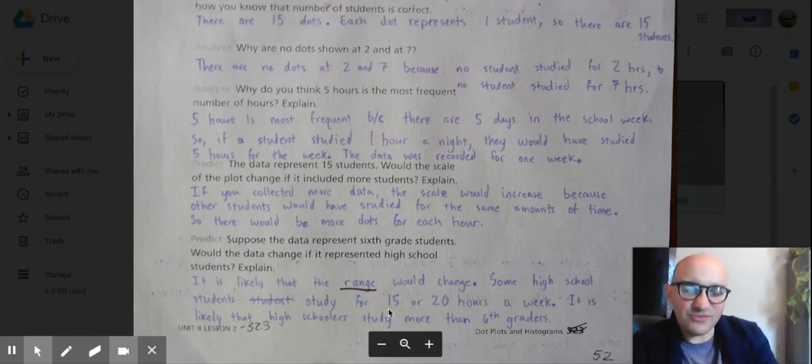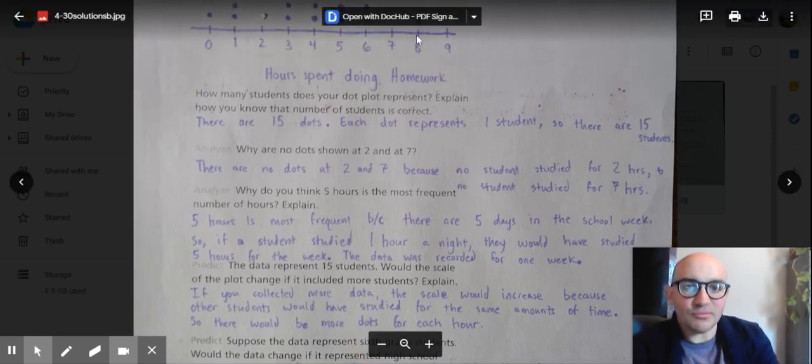They might study for 15 or 20 hours a week. So instead of 8 being our largest number, we'd have to expand this out horizontally to 15 or maybe even larger to account for the time high school students spend studying. So if we were collecting data on high school students, we would probably have larger numbers as well as some of these smaller numbers.